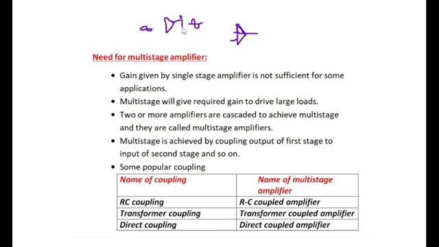That is, two or more stages of amplifiers are cascaded to achieve more gain. That is what a multi-stage amplifier is. In a multi-stage amplifier, we cascade more than one amplifier to get a large output.